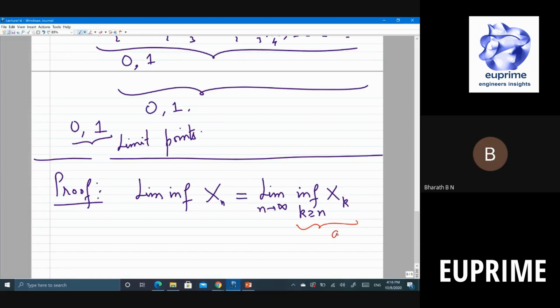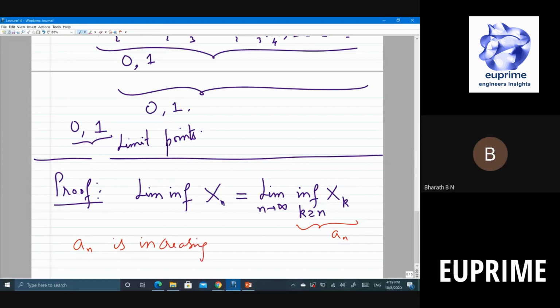Now, what can you say about this? This is some sequence an. Do you agree? Yes, sir. Because I pick different n, I get different numbers, so it's a sequence. What can you say about the sequence? For example, a1 is what? You are looking at the infimum over all the numbers starting from 1, right? What is a2? Increasing, sir. Yes, increasing, right? So an is increasing.